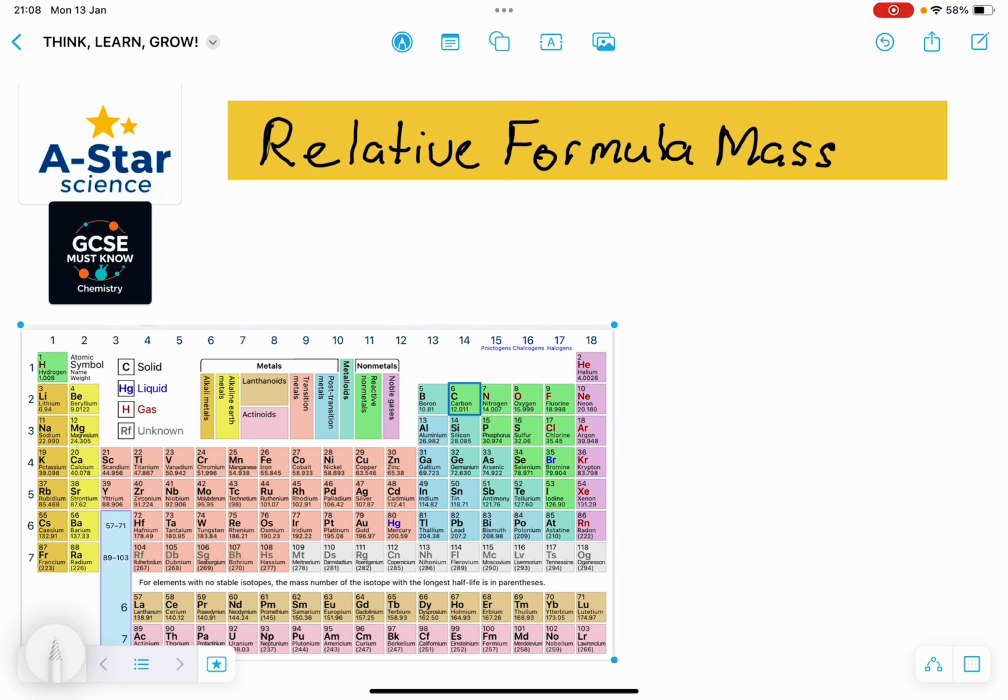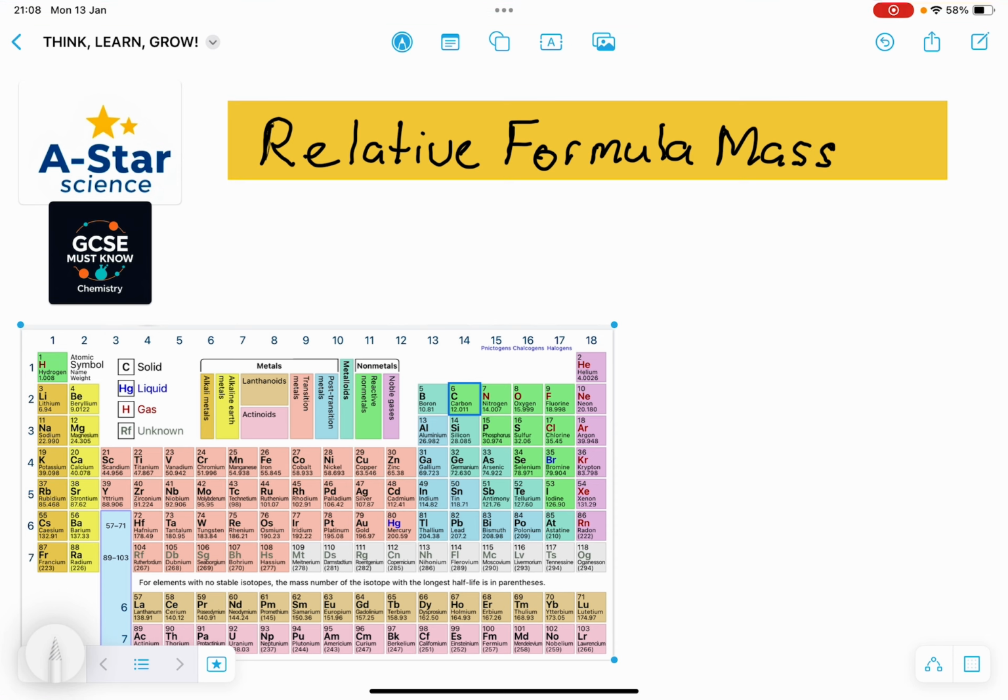Let's look at H2O. Here's the chemical formula for H2O. Okay, most people know what this is. And you can see that in the chemical formula, it has two hydrogens, which is here, and one oxygen.